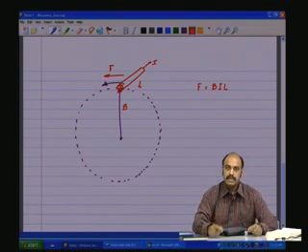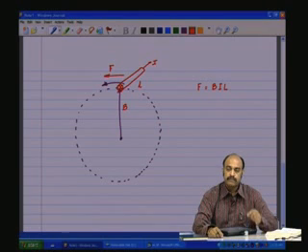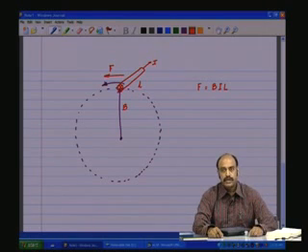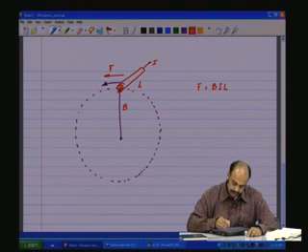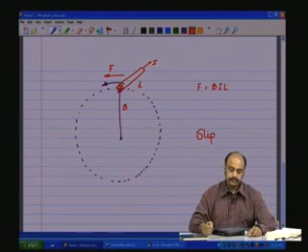There will always be a slight difference between the magnetic field rotation speed and the speed at which the rotor conductors rotate, and this difference in speed is called the slip.